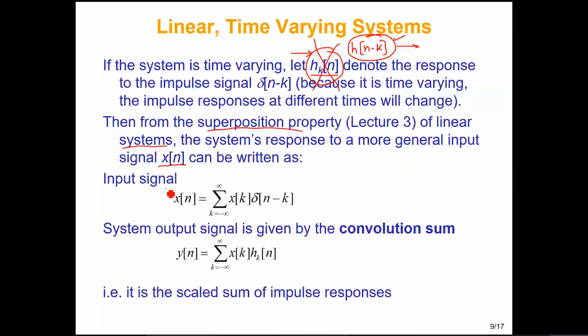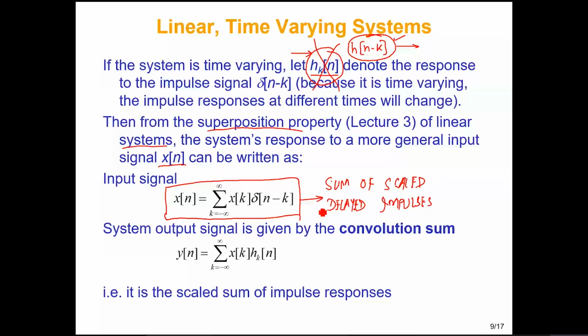This is something we have seen at the beginning, that we can represent any discrete time signal in the shape of a sum of scaled delayed impulses. So any x of n can be represented as a sum of scaled delayed impulses, and because of that we can also come up with a notation for the output for any discrete time signal.